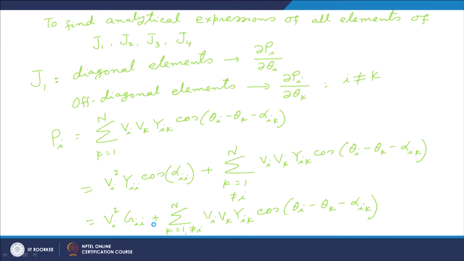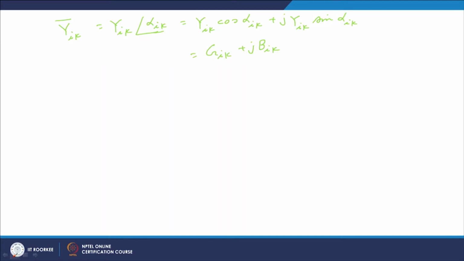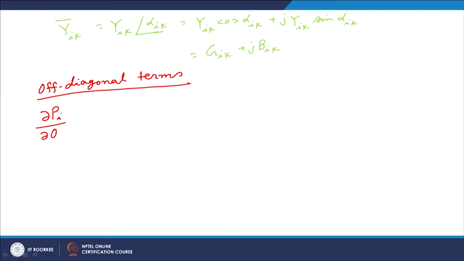Now with this expression we have to evaluate del Pi by del theta i and del Pi by del theta k. We start with the easier one, the off-diagonal terms, which are del Pi by del theta k.